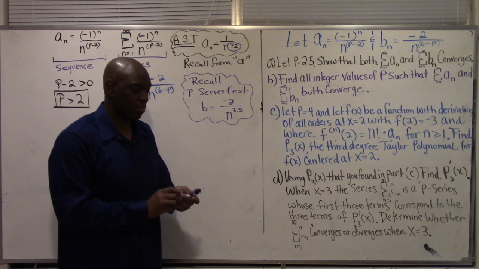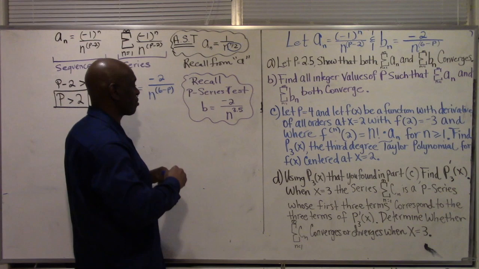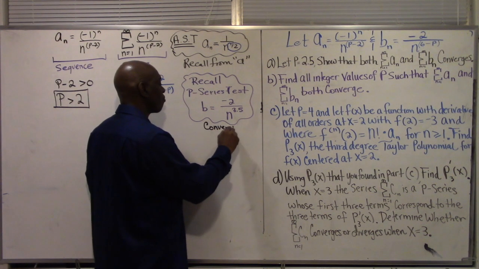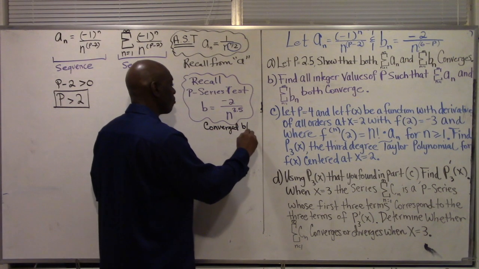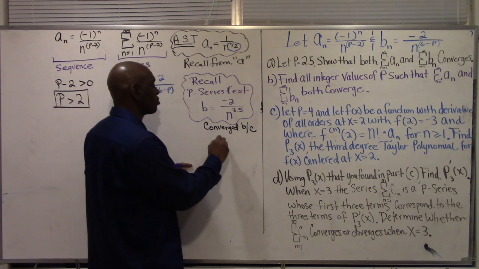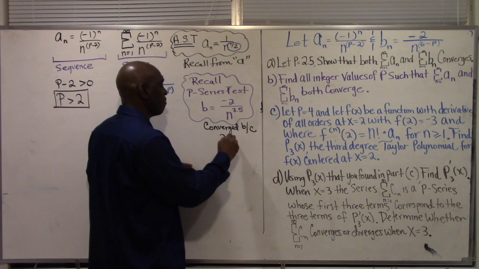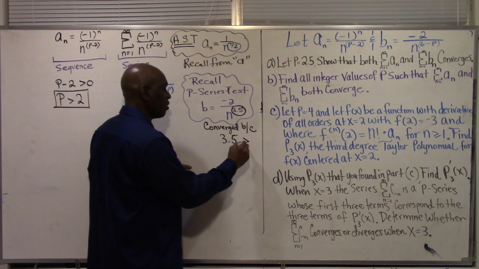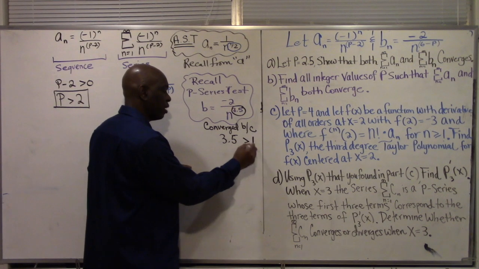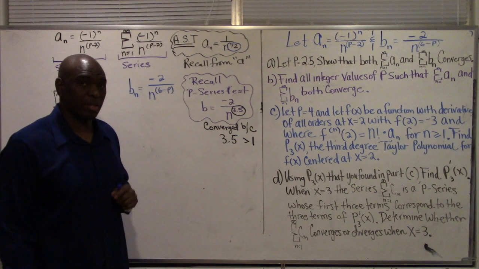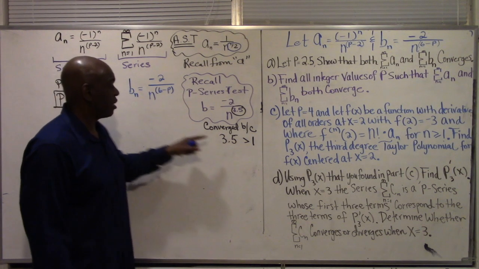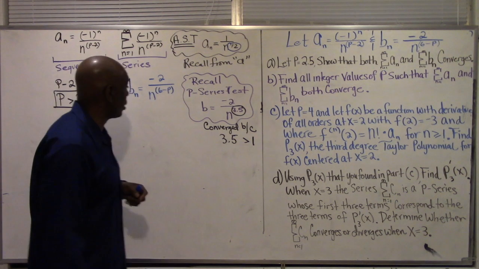It converged because 3.5, which is the power of n, is greater than what? 1. There you go. So in order for this fellow to converge, the power has to be greater than 1.